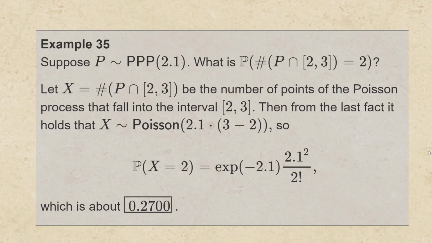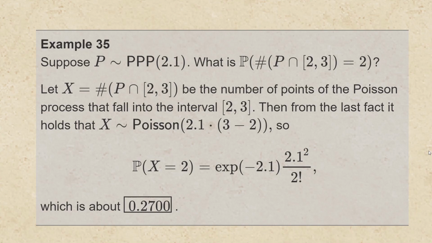Here's another example. Suppose that P is a Poisson point process of rate 2.1. What is the probability that the number of points in P that fall into the interval from 2 to 3 equals 2? Well, if we let capital X be the number of points of P that fall into 2 to 3, then from the last fact it holds that X has a Poisson distribution with parameter 2.1 times (3 minus 2), which is just 2.1.